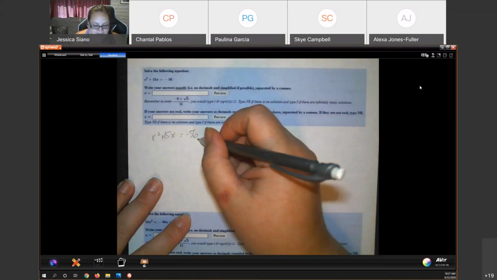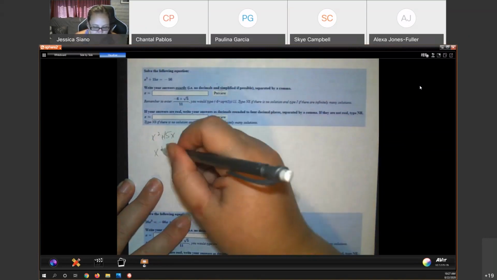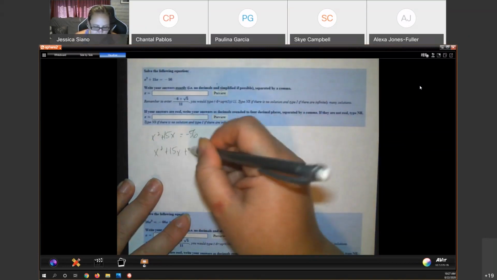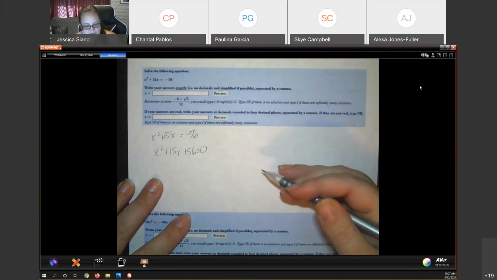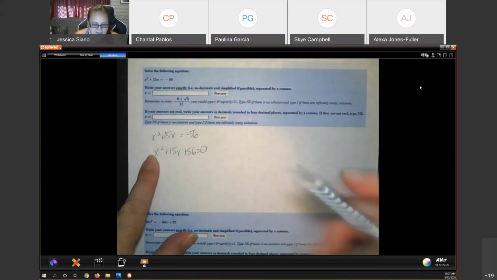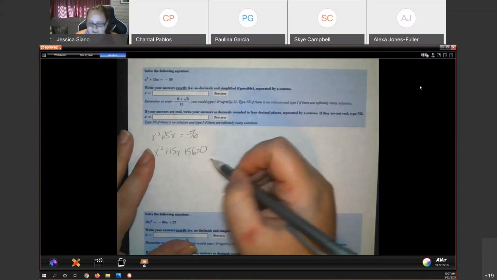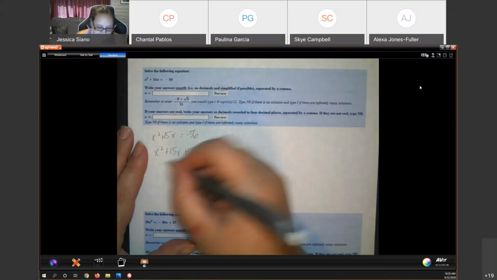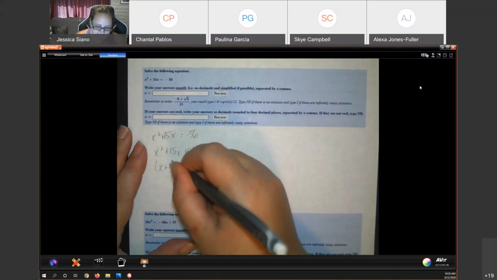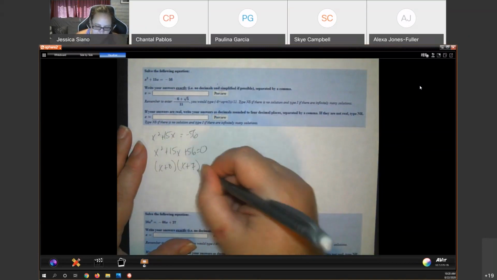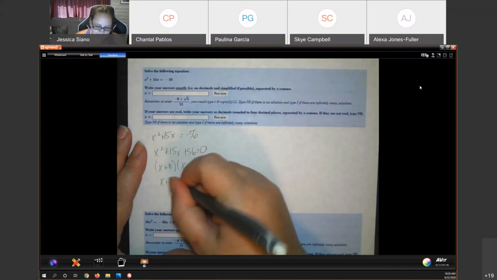So remember, when we factor, we have to have this equal to 0. And then when there's no number in front of the x, we're going to say what two numbers multiply to 56 and add to 15. That's going to be 8 and 7. So this would be x plus 8, x plus 7. Then you split it.